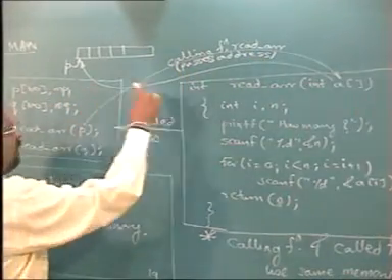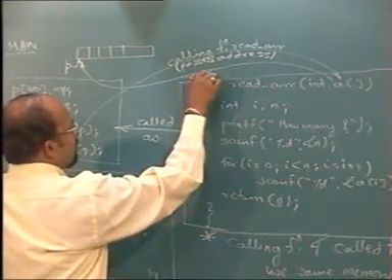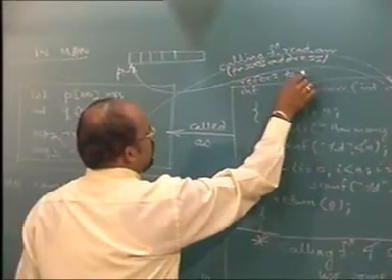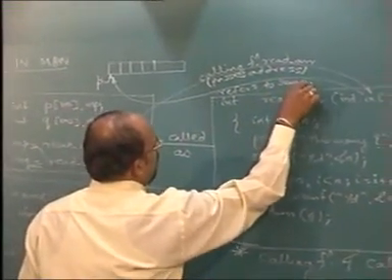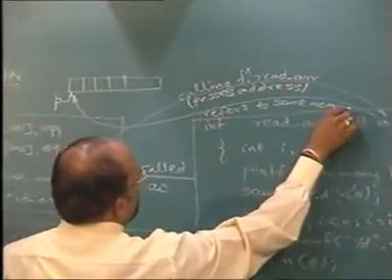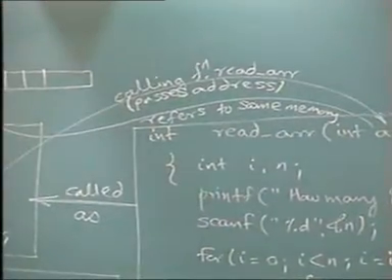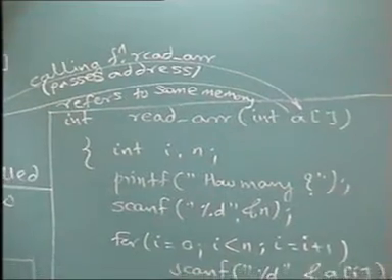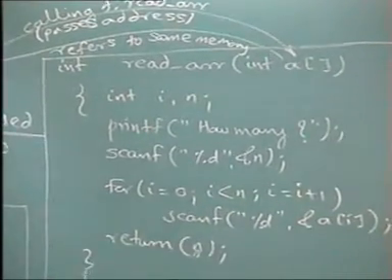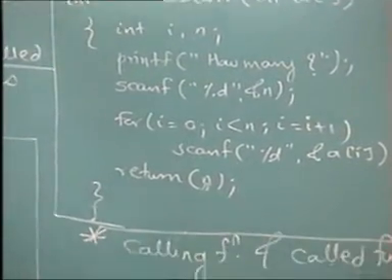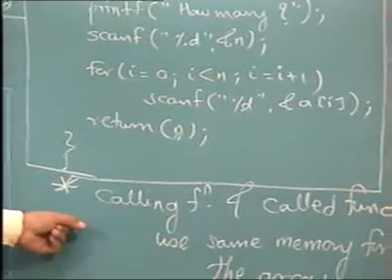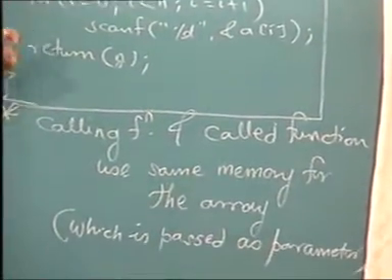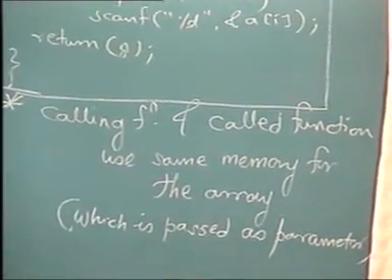Array A refers to the same memory. So what you pass over here is the address, and the array, which is common from the calling function to the called function, will share the same memory.